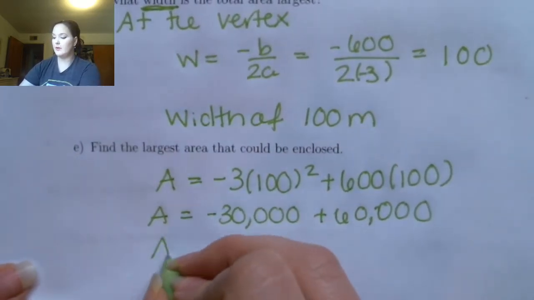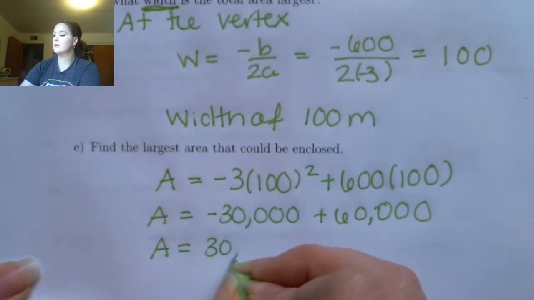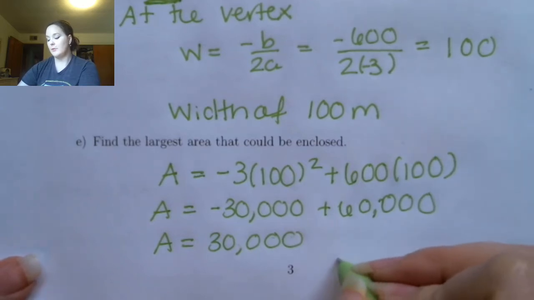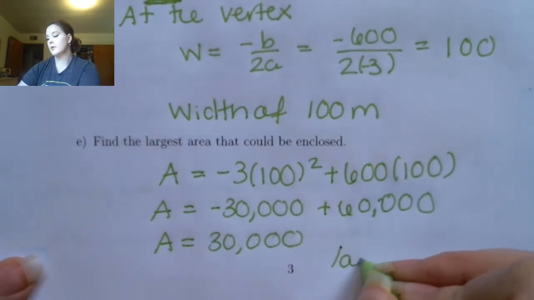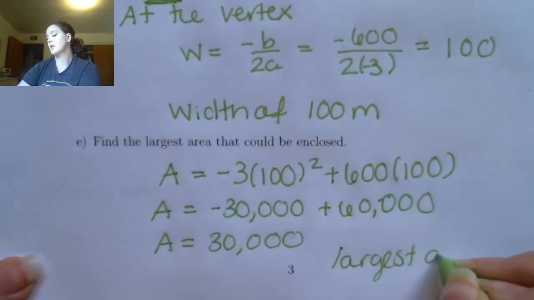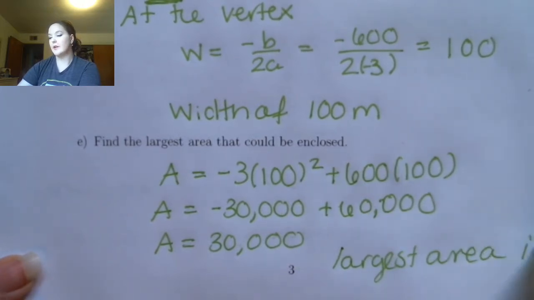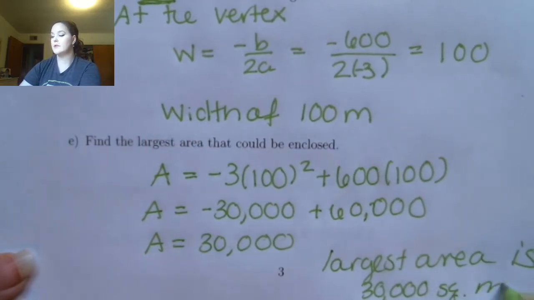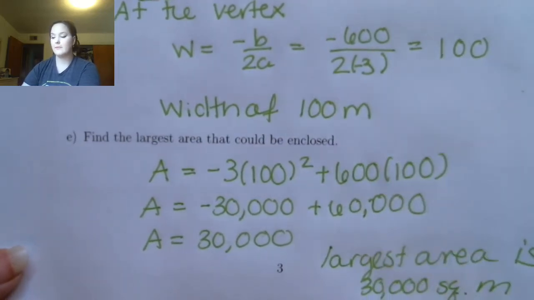So this will be 30,000. So what is the largest area that can be enclosed? The largest area is 30,000 square meters.